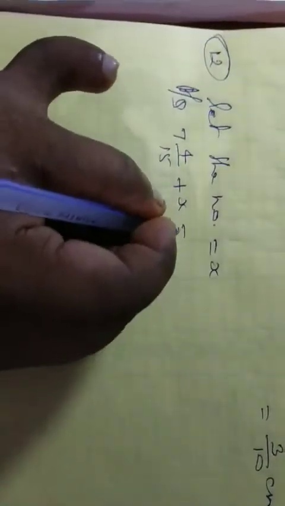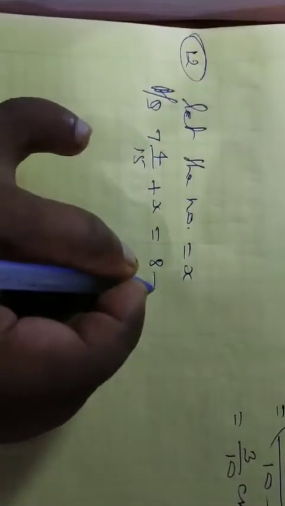We add x to 7 whole 4 by 15 to get 8 whole 2 by 5.